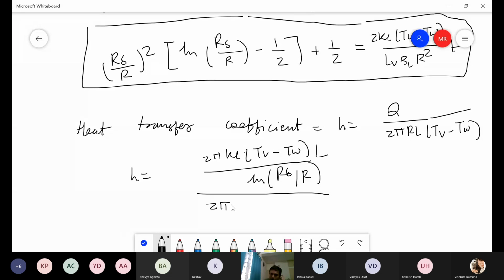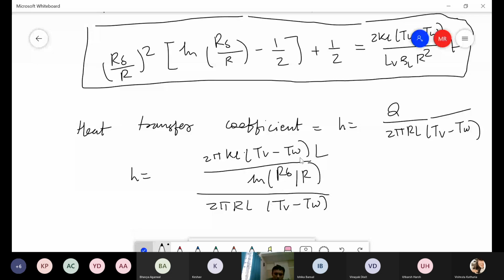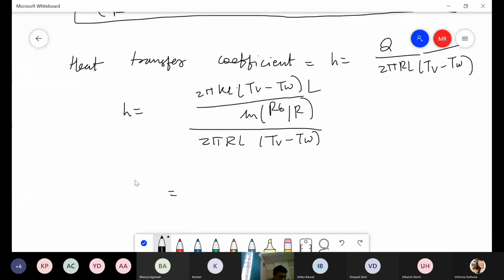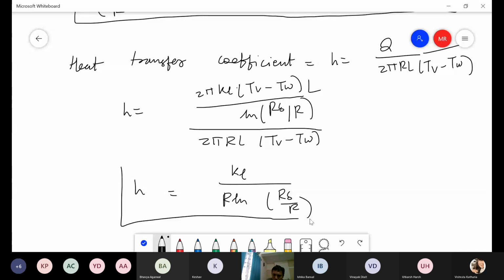So all the common terms get cancelled out, and h is obtained as k L divided by r ln r delta by r. So this is the first expression which we have to prove.